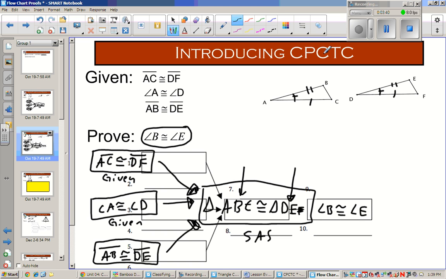And our reasoning is this thing up here: corresponding parts of congruent triangles are congruent. Now, we're going to do some more doing this, but we should understand the basic structure. We need three things to prove triangles are congruent. Once we prove that the triangles are congruent, there are 6 different congruencies within here that we can get because of it.